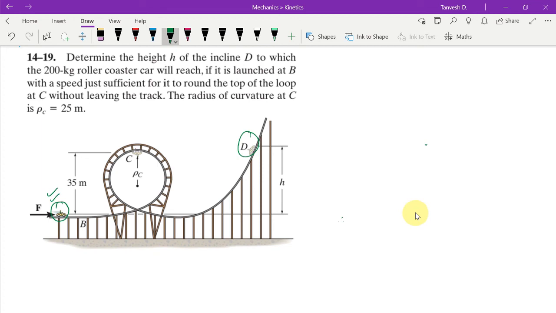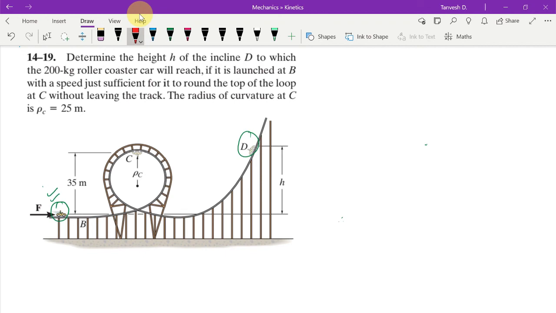Okay, and to find the velocity at this point, the condition that is given to us is that this car goes around this loop and the velocity by which it is launched here is just sufficient for it to round the top. Now, since it is traversing a circular track, there are centripetal accelerations, and there is gravity also.